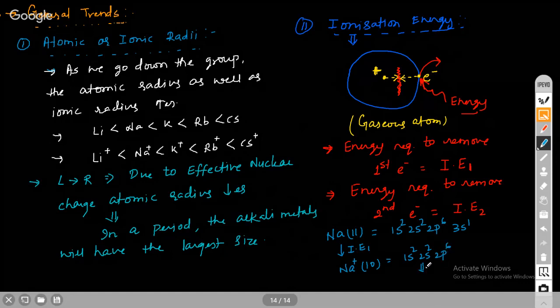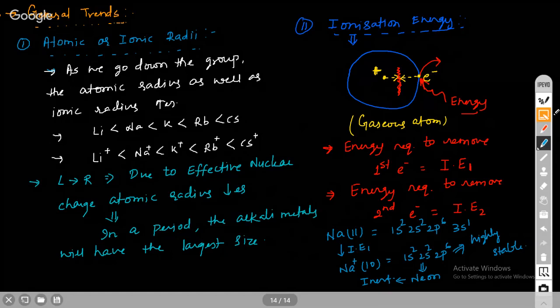Now this is the configuration of neon, which is an inert gas, and this configuration is highly stable. Because of this stable configuration, it is very difficult to remove further electrons from Na plus.